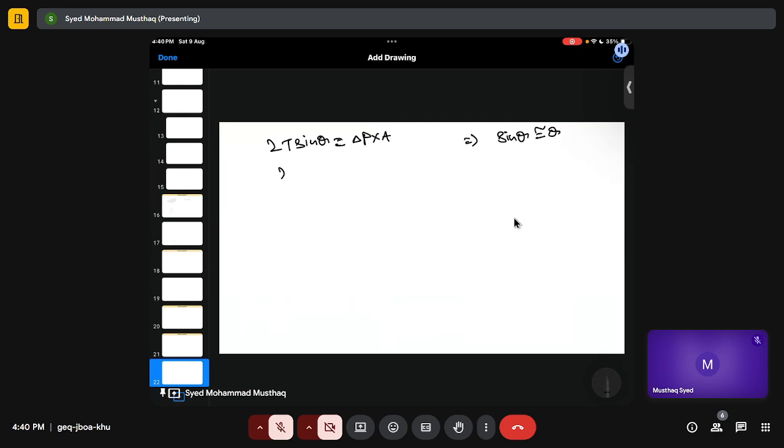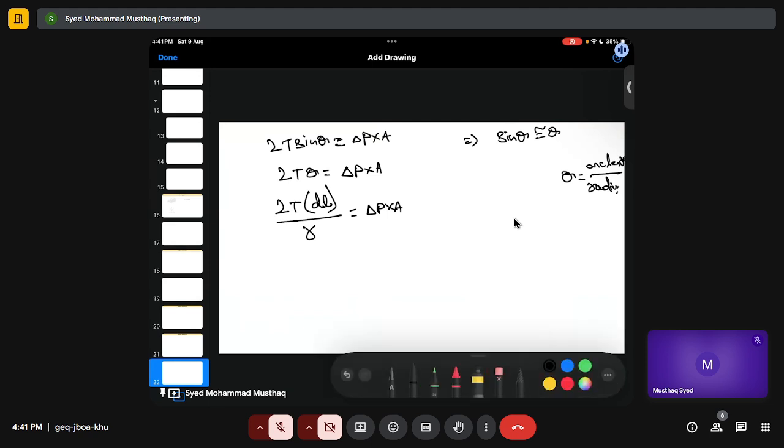So 2t theta equals delta P times A. Now what is theta? Theta will be equal to arc length upon radius. Let's say the arc length is dl, upon radius R, equals delta P times A. If I push this A that side, it will be times area.